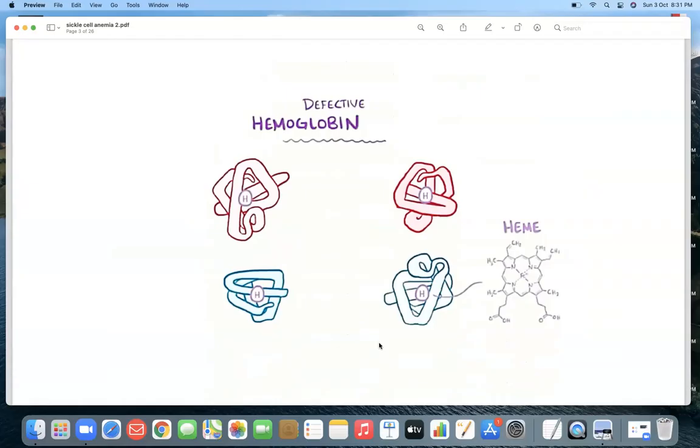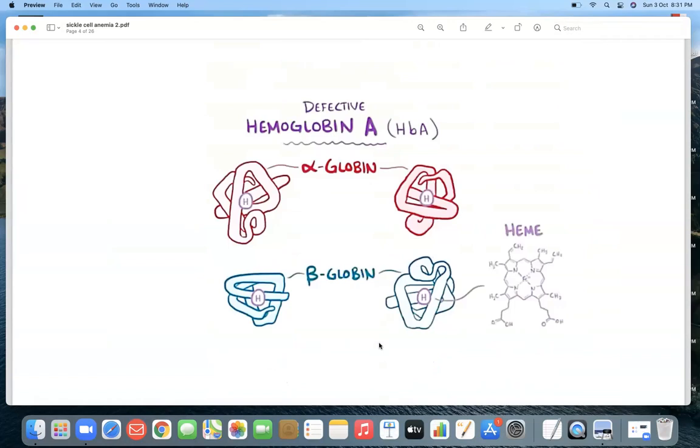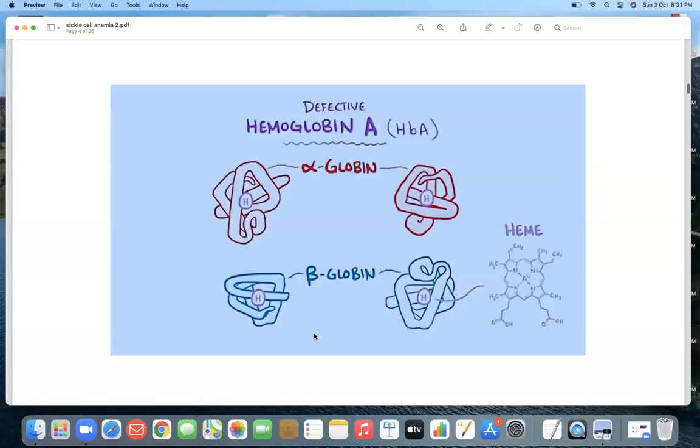This is the same thing he is showing, the defective hemoglobin. You will have a problem mainly in the beta globin. This is defective hemoglobin A, which we call hemoglobin S.